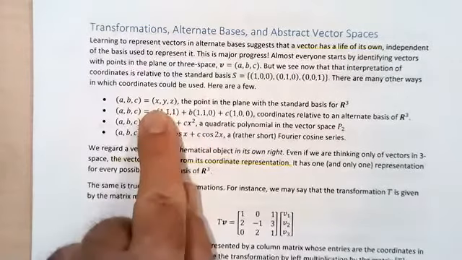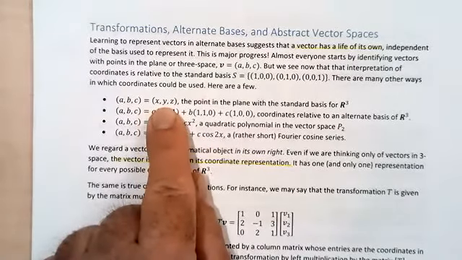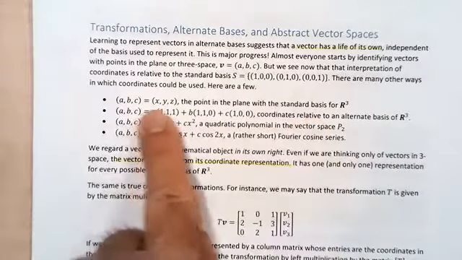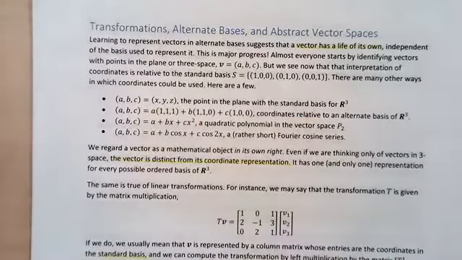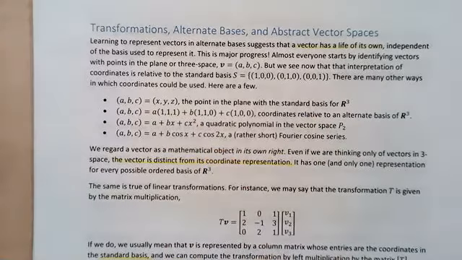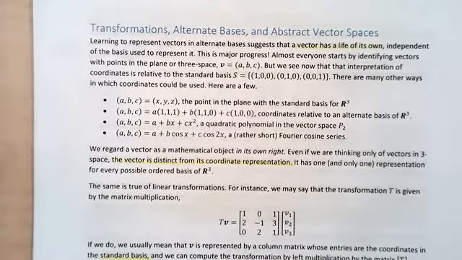Or it might mean the standard thing, the point in 3 space with the standard basis with the coordinates x, y, and z. Or maybe it could be a pretty short Fourier cosine series. You just don't know unless you're given the context. So the idea is coordinates are always relative to a basis.